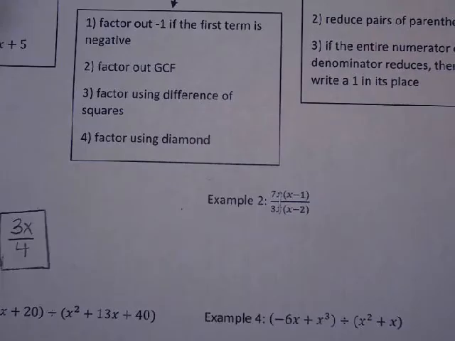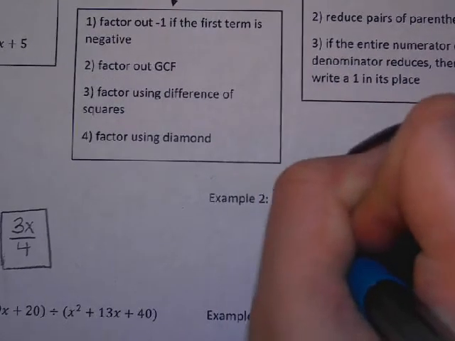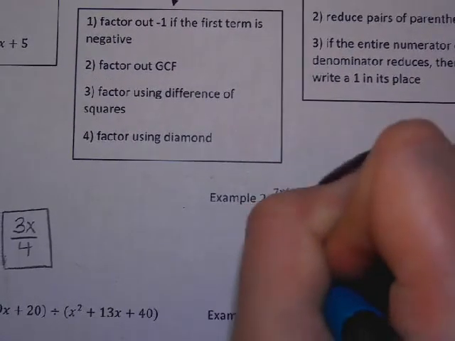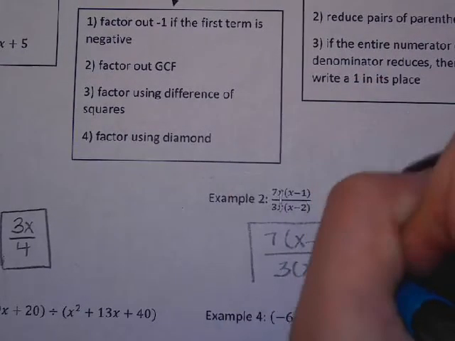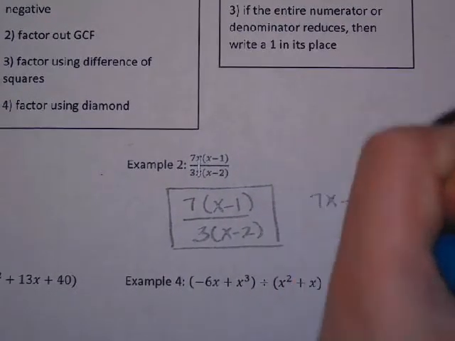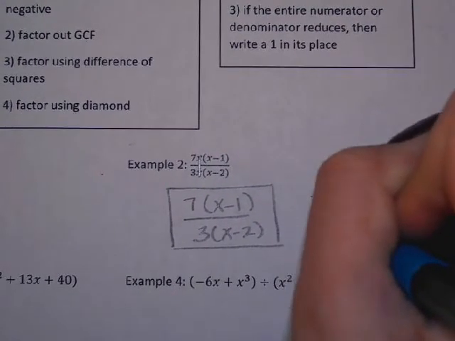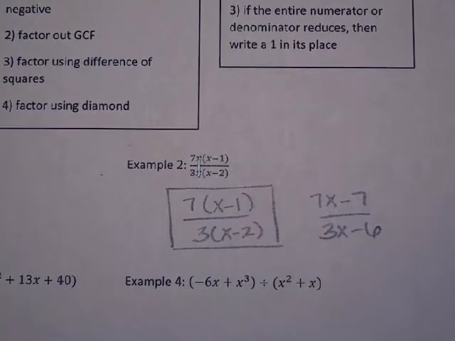So the final answer is 7 times x minus 1 over 3 times x minus 2. Most of us will just leave the answer that way, but some students say, Miss Rice, you should not leave parentheses, and they like to write 7x minus 7 over 3x minus 6. Guess what? Everybody's right. Those answers are both good.